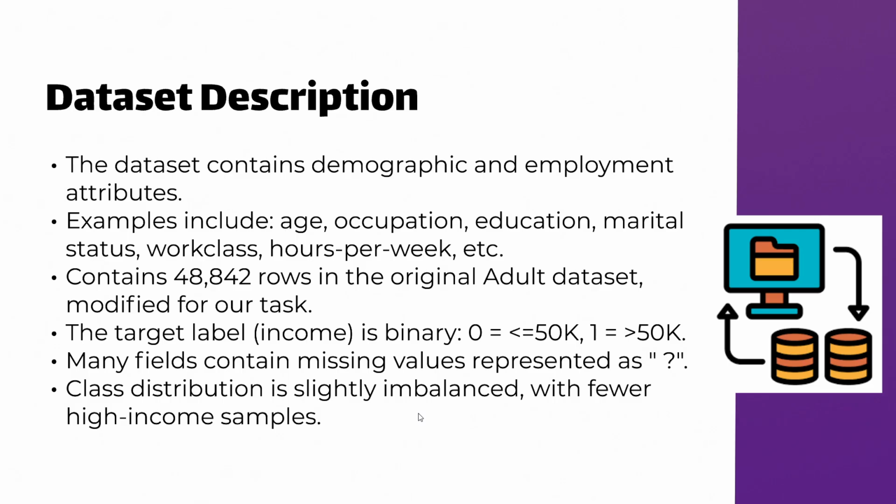The target label is binary: 0 for individuals earning less than or equal to 50k and 1 for those earning more than 50k. This dataset, originally from the UCI repository, is widely used in classification benchmarks. However, the version provided for the competition had been modified slightly, which required us to explore it carefully before modeling.